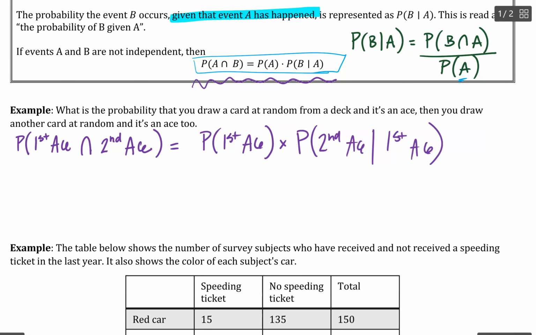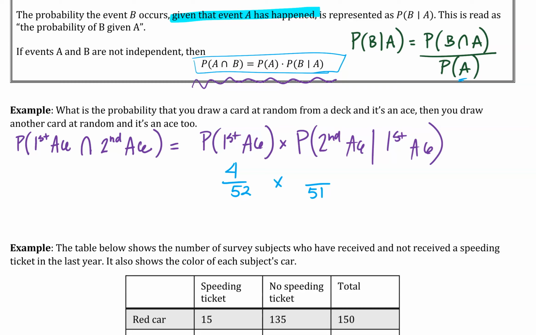Okay, so what is the probability that you draw a card from a deck at random and it's an ace? Well, there are 4 aces out of 52 cards. Okay, what's the probability that you draw the second card at random and it's an ace, given that your first card in your hand is an ace? The first thing that changes is how many cards are left, and there are 51, because I already have one.